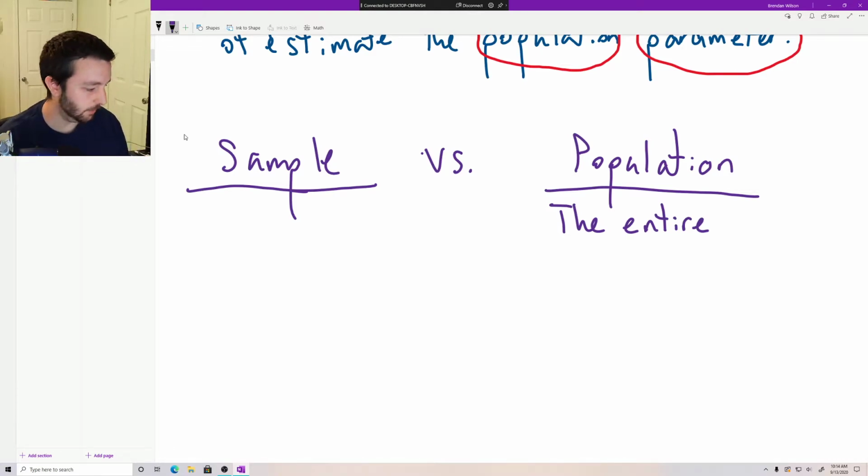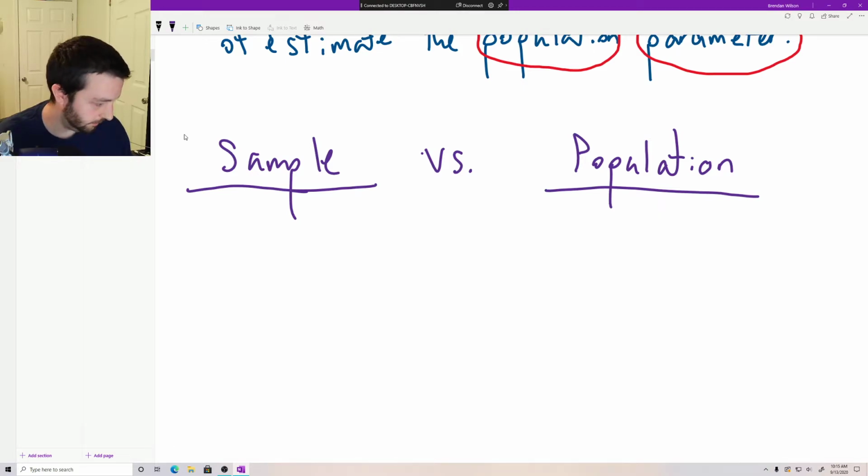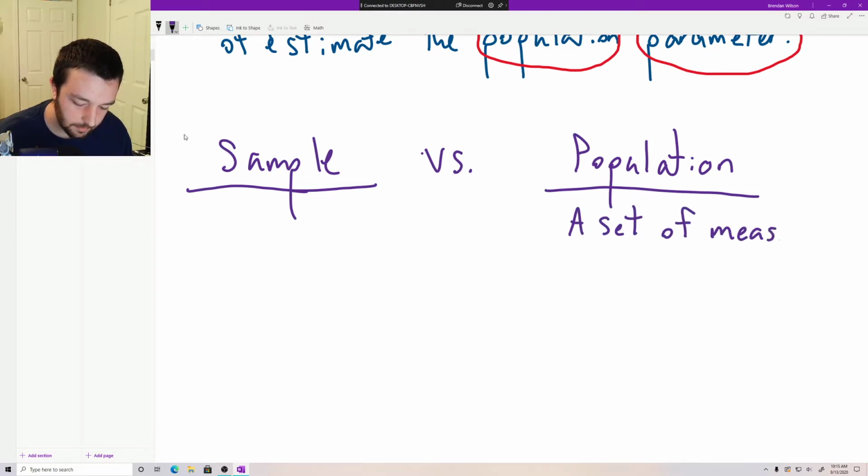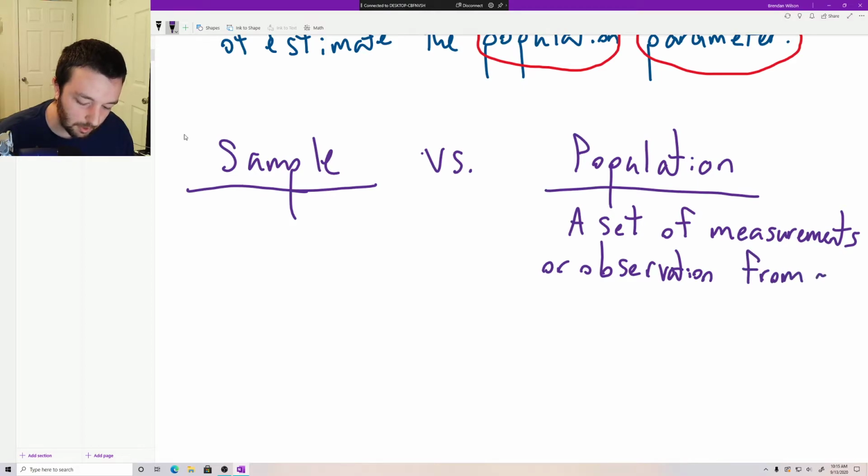So I'm just going to pull this from chapter 1. All right. So it's a set of measurements or observations from all objects under study.